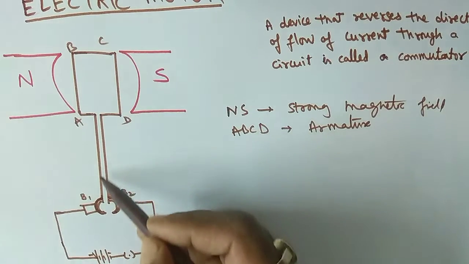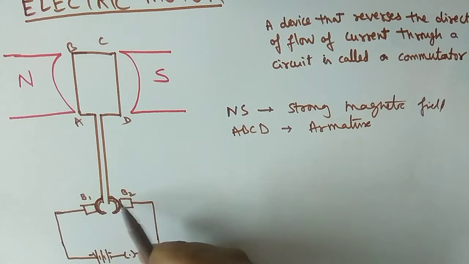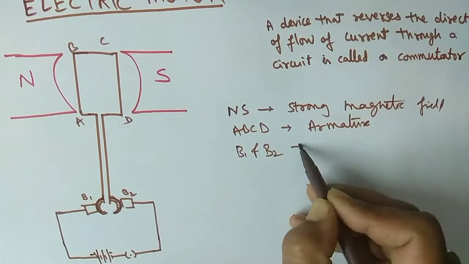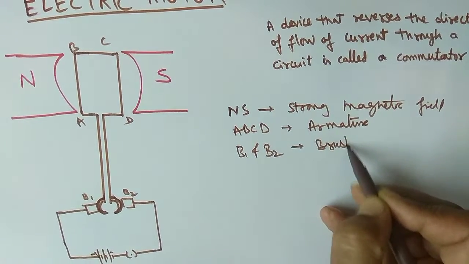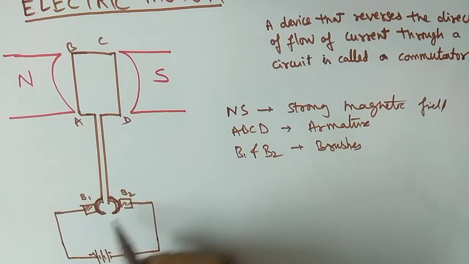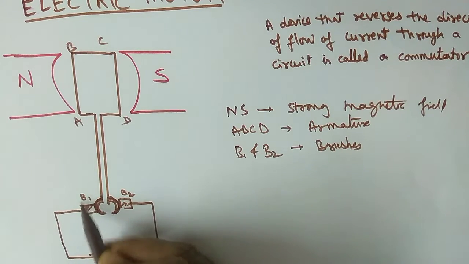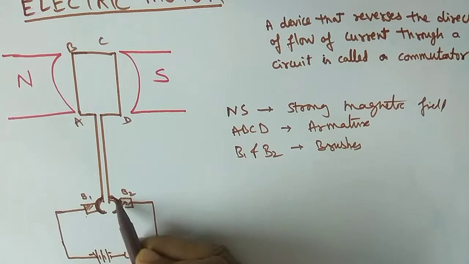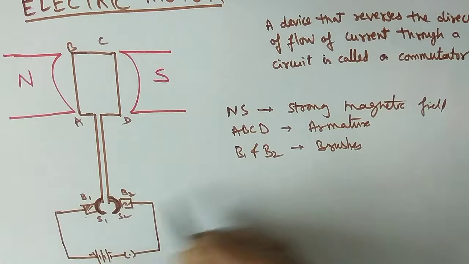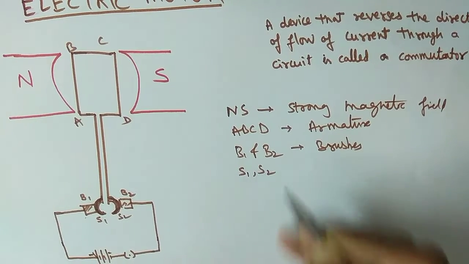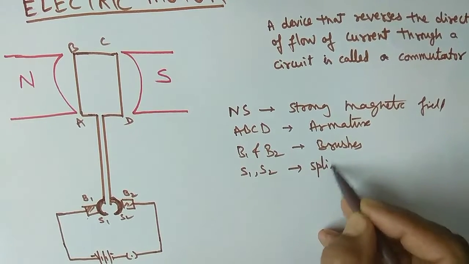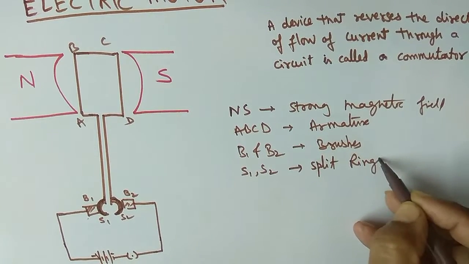Okay, this is the shape, and B1 and B2 are the brushes, carbon brushes. This semicircular ring, that is, S1 and S2, is known as the commutator, or the split rings.